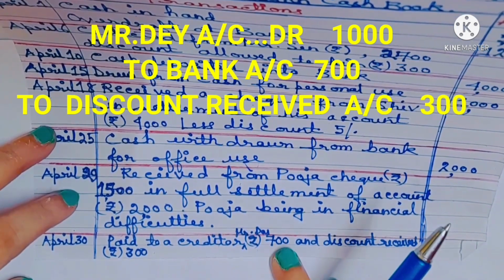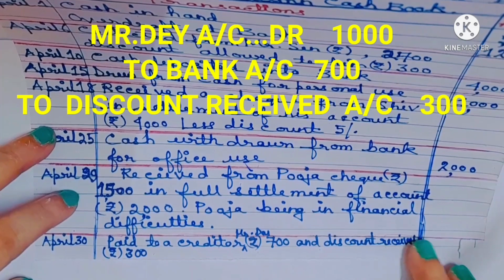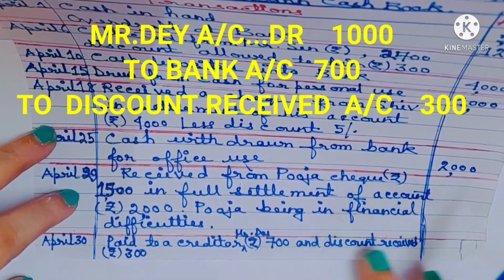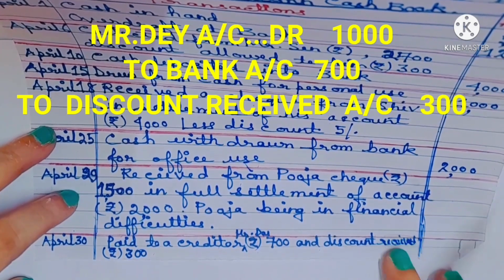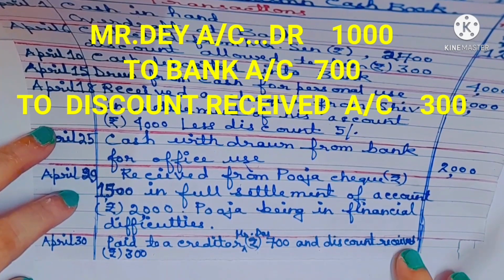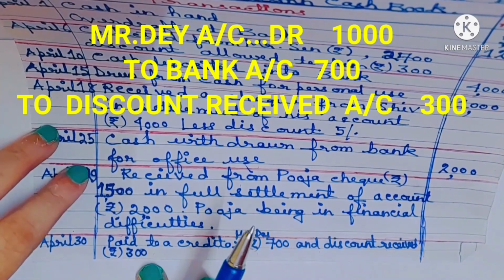Okay. So what is the position of discount received account? Since discount received account is on the credit side, Mr. De account will also be on the credit side. So we'll have to write Mr. De account in the cash book on the credit side in the discount column rupees 300. Okay. So let's write.